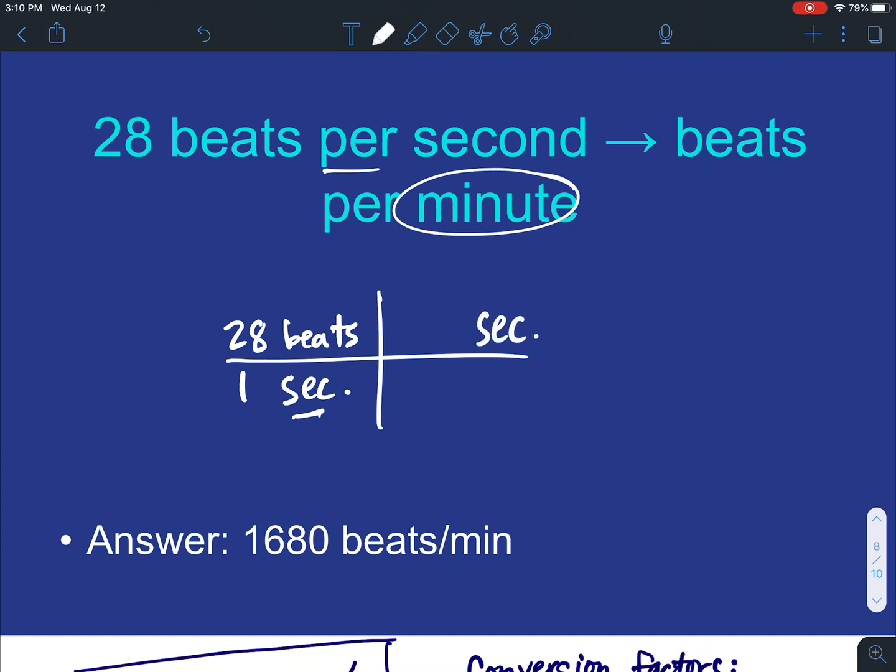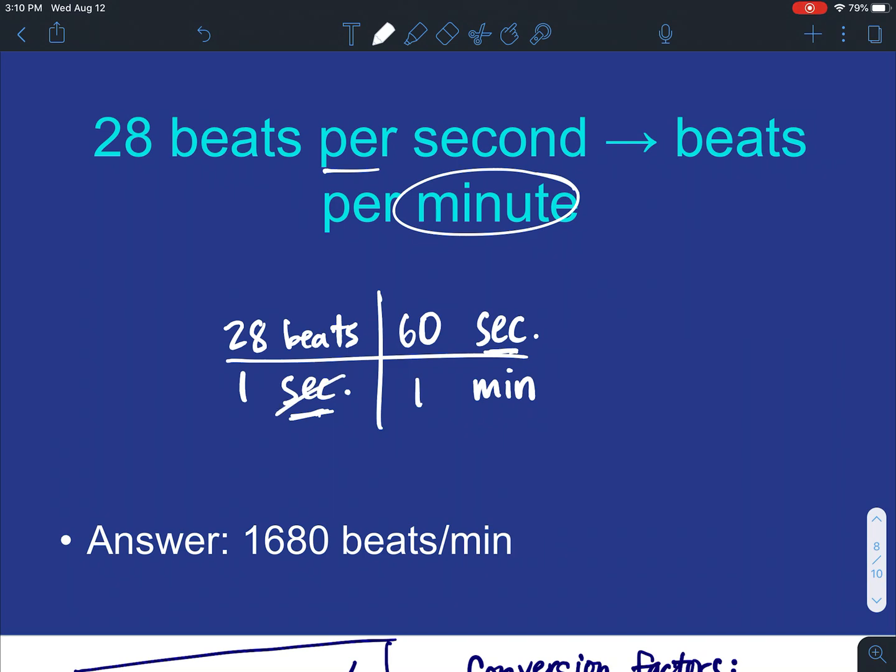If they're diagonally, they cancel, and so I want seconds up here so that it will cancel what's down here. Okay, then I'm trying to get minutes, so I'm going to put that down here. In 1 minute, I have 60 seconds. So always do your units first and then add in your numbers so that you are able to figure out where to put the numbers.